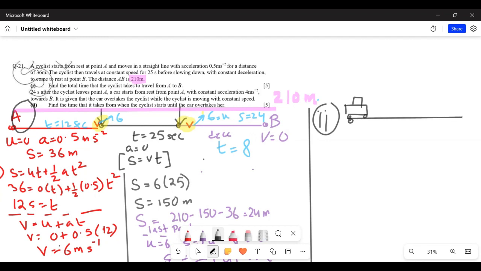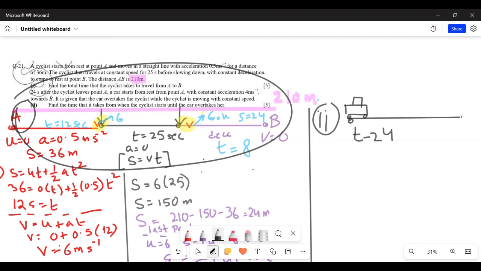So every time you use time here, you're going to use t minus 24 for the car, since it says that 24 seconds after the cyclist leaves A, the car starts to move from rest.